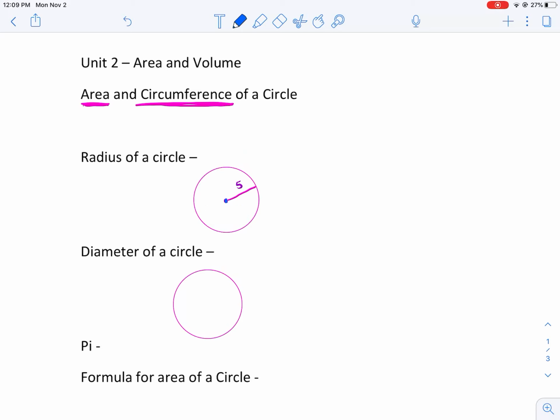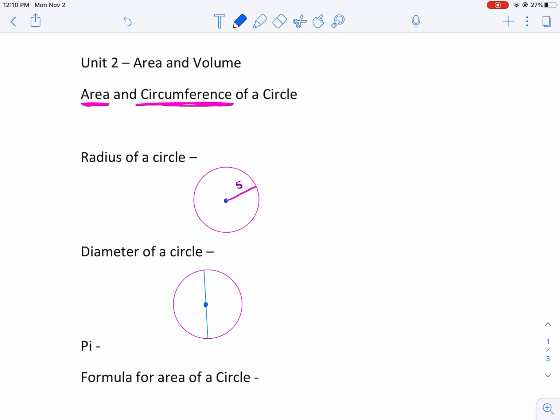Diameter looks like this. It goes from one edge, through the center, and directly to the other side, a nice straight line. Actually, that doesn't look that straight. Try it again. There we go, okay, nice straight line.